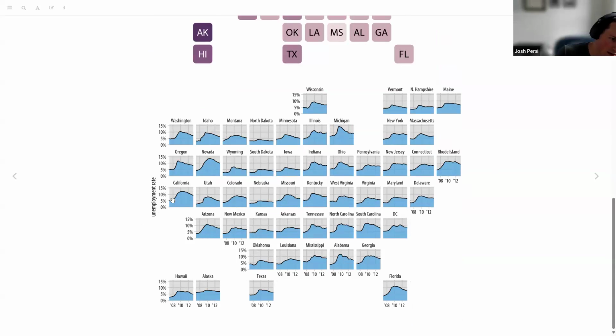Here it looks like a density plot of unemployment for each state, and the state facets are located in their approximate location in a map of the contiguous, or continental, United States. So obviously California is in the bottom left, Maine's in the top right.